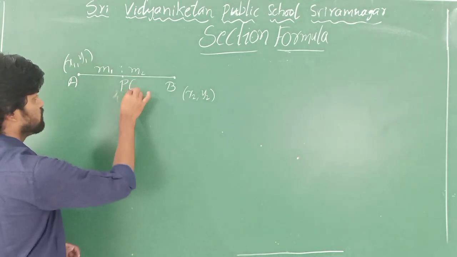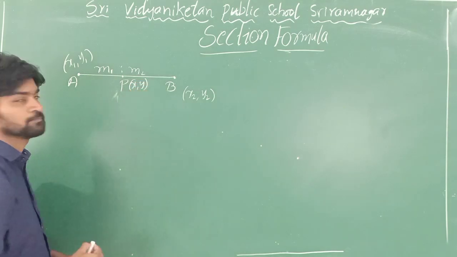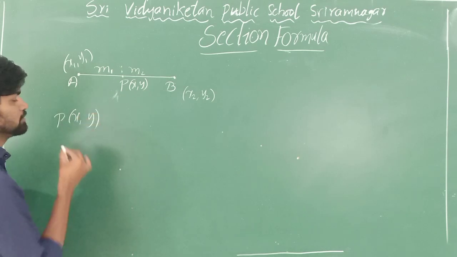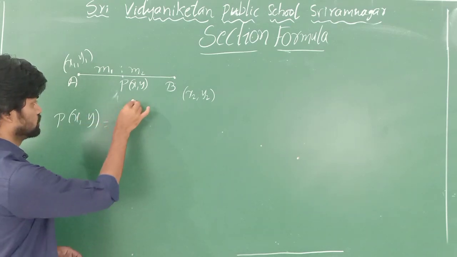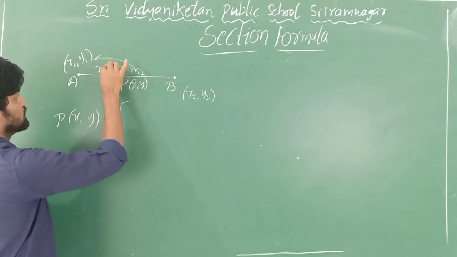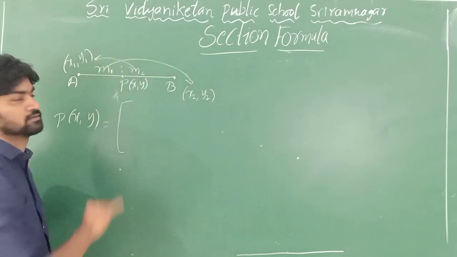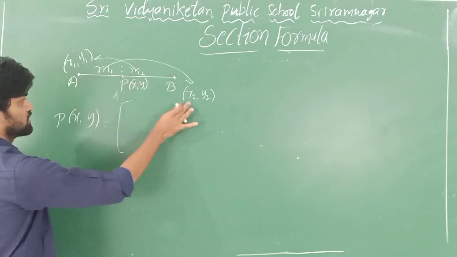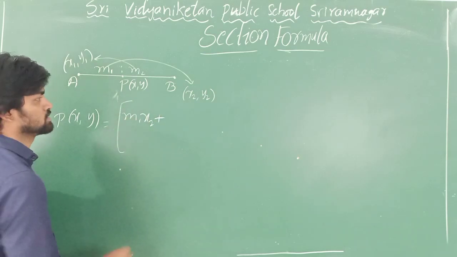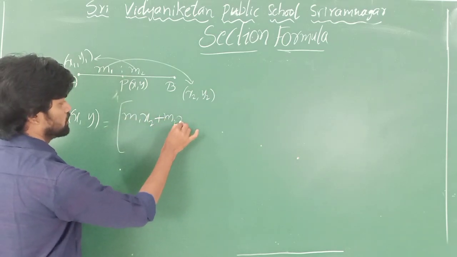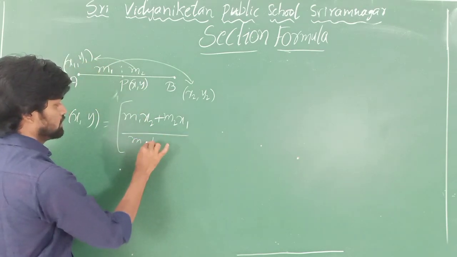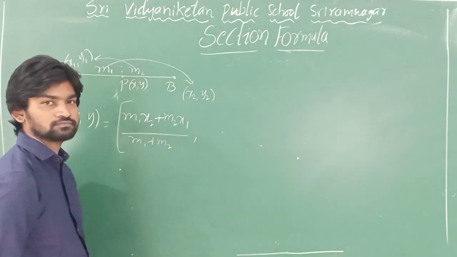Then if point P is (x, y), the formula to find P is (x, y) equals M1 x2 plus M2 x1 divided by M1 plus M2.